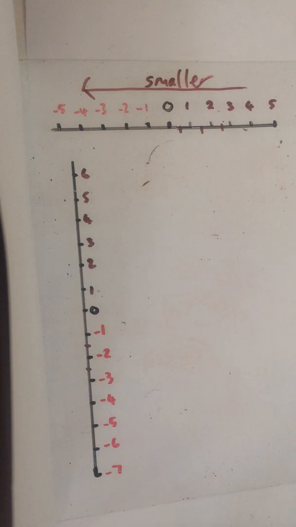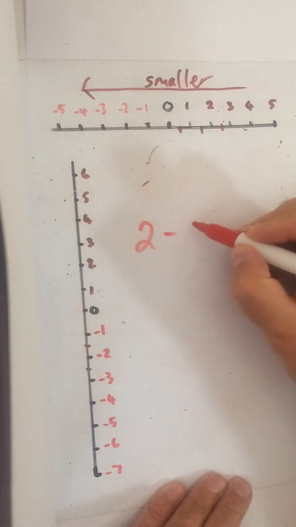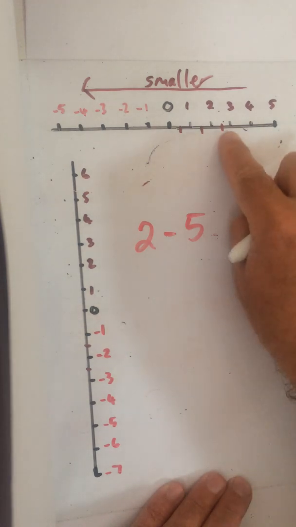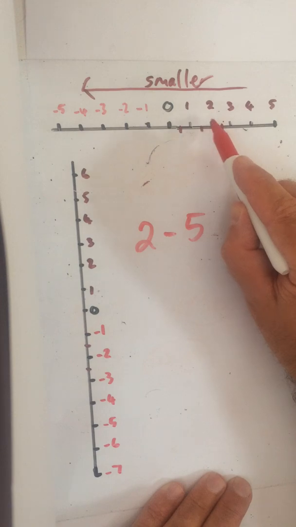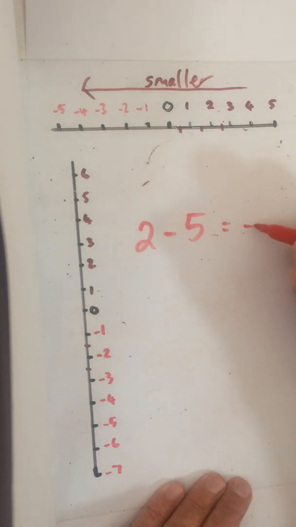Right, okay, good. So now we're going to do calculating with negative numbers. So let's start with, if I had 2 and I wanted to take away 5. 2 take away 5. This is where we can just use our number line. So we're on 2 and we're taking away, it's going to get smaller. We take away 5: 1, 2, 3, 4, 5, and it gives us minus 3.